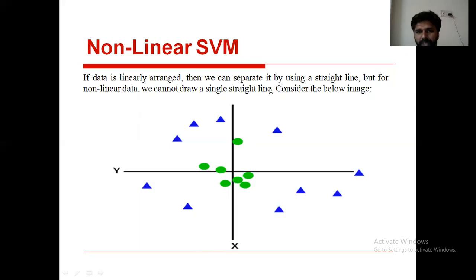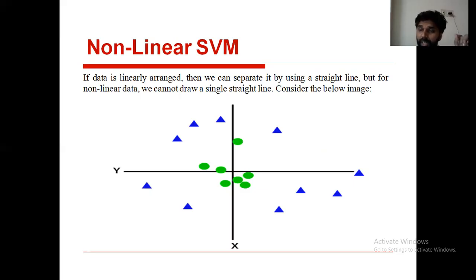Suppose you draw a straight line here. You can't separate blue color instances and green color instances separately. On the left side of the straight line, both green and blue color instances appear.